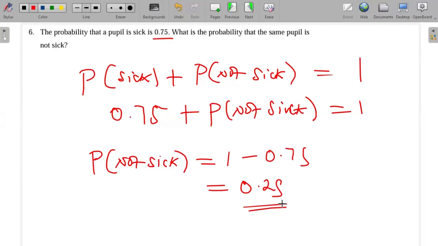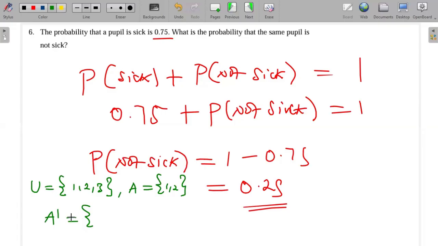So what we are using here is what we call the complement event. Remember in set theory, in first semester, if I have a universal set U with elements 1, 2, and 3, and I have a set A which just has 1 and 2, and then I'm asked to find A complement, what were we doing?